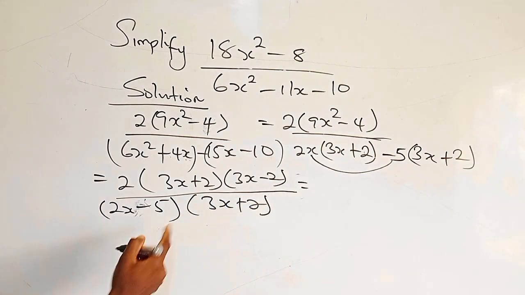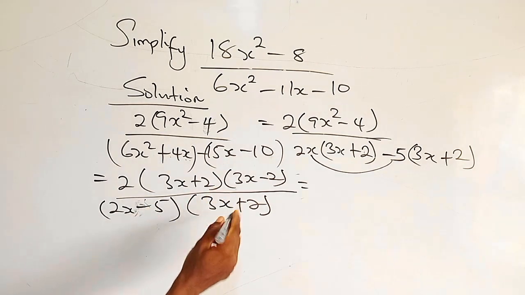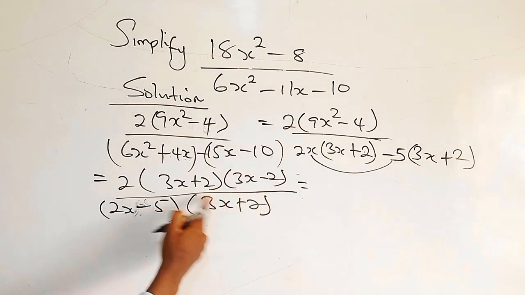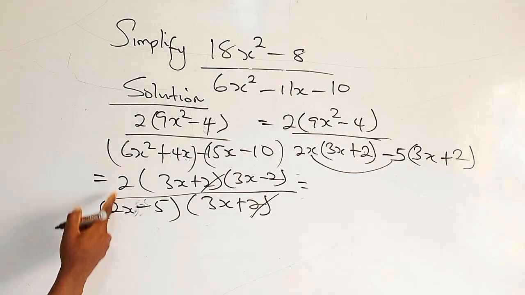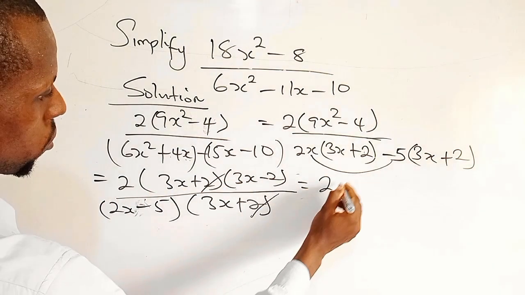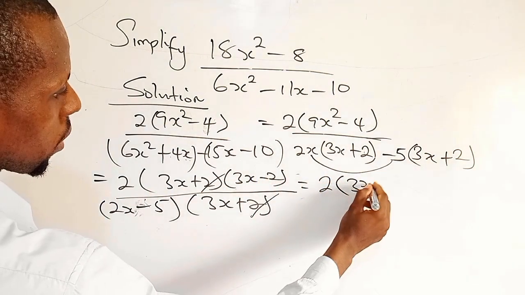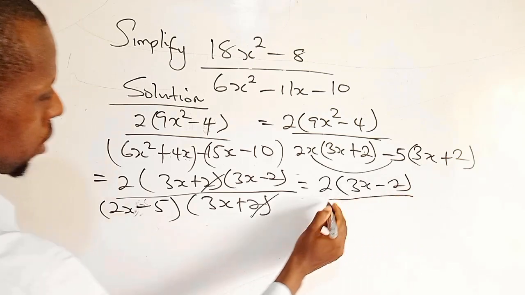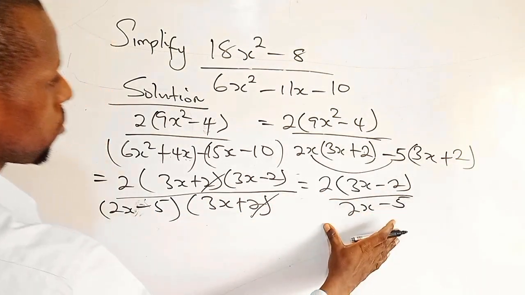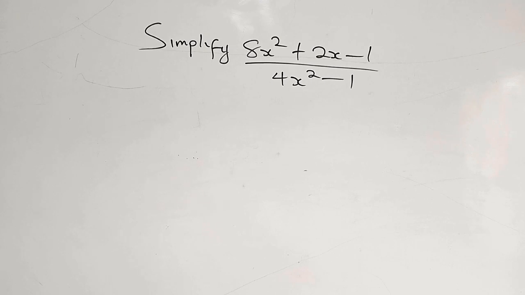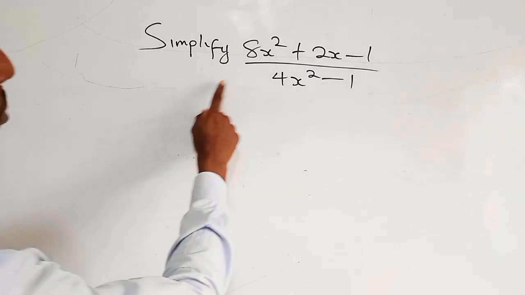From here I can look for what is common, 3x plus 2, 3x plus 2, so I can take this out. What I'm left with is 2 into 3x minus 2, everything divided by 2x minus 5.